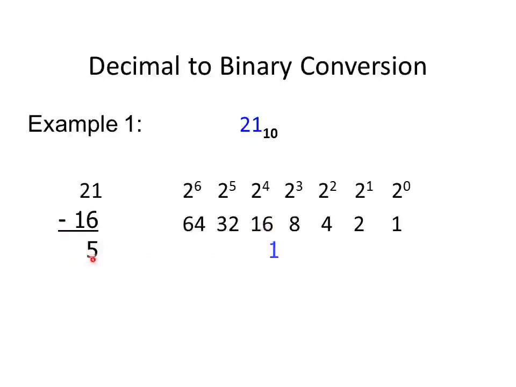Now the next value is 5. 4 is subtracted from 5. Since 4 is the nearest value of 5, now 4 is subtracted. So place a 1 below 4. Here we do not use 8. So there is a 0 here.